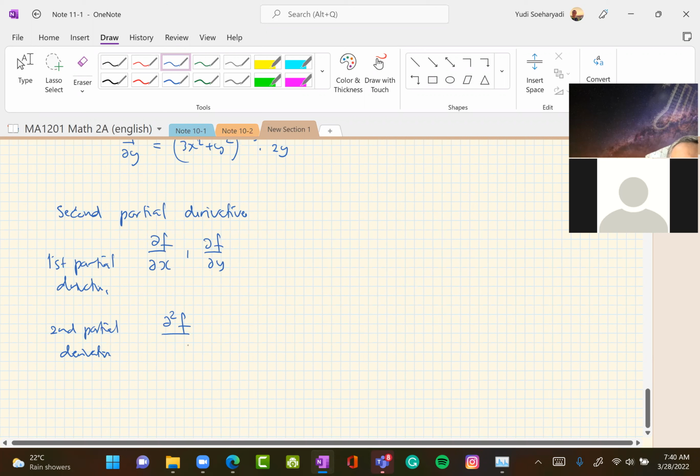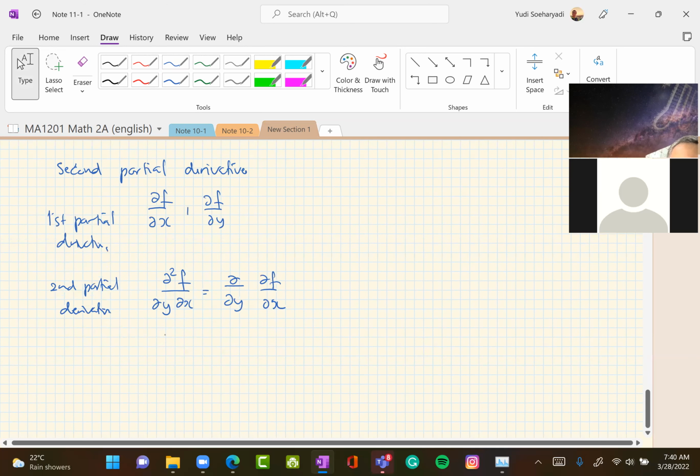For example, x, and then you take the derivative with respect to y. Meaning you take the derivative of f with respect to x, or the other way around, you take the partial derivative with respect to x of df/dy.